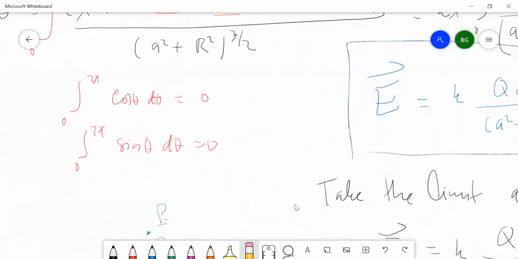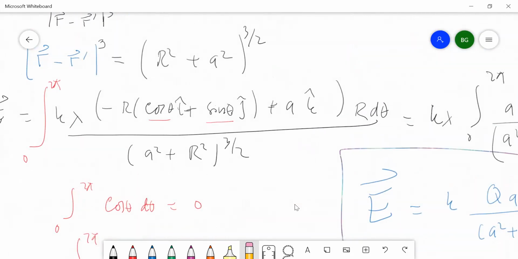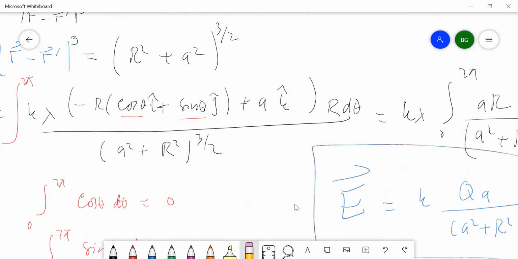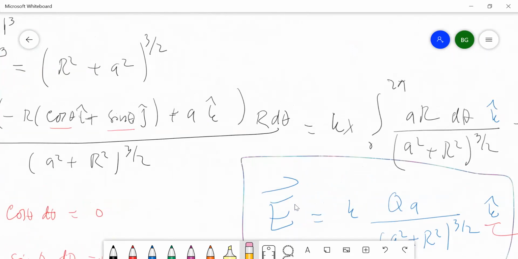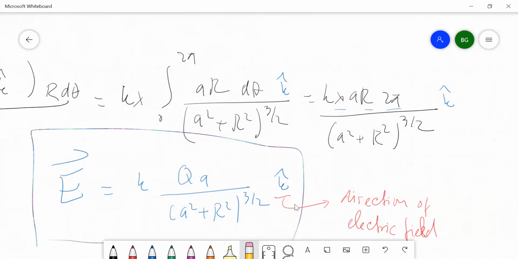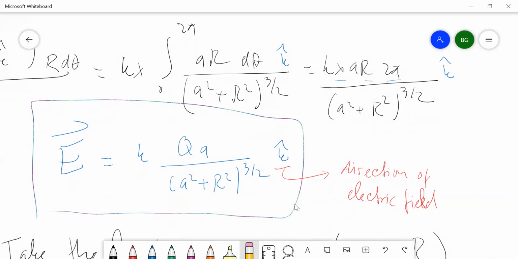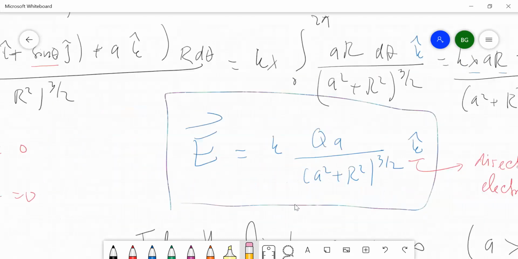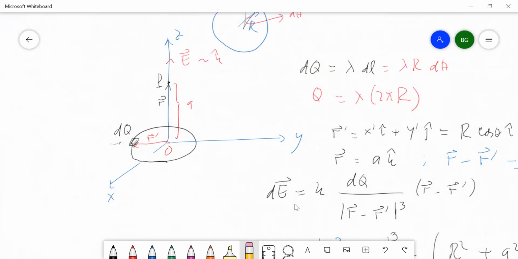So it means that the first terms are 0 in this case. We are left with the last, or the third term, which is non-zero, and we will get this formula. This k hat is the direction of the electric field, so basically the electric field in this case goes along the Z axis.